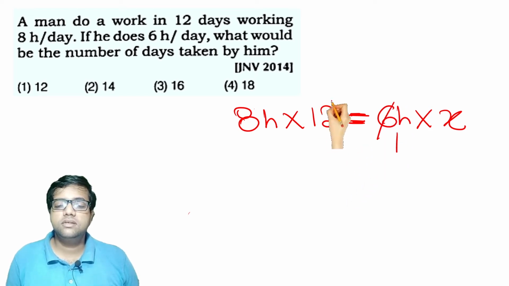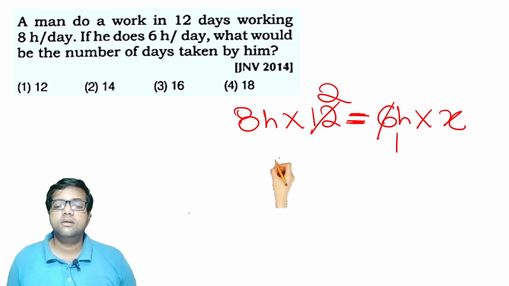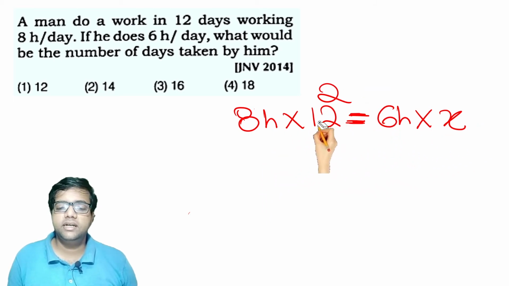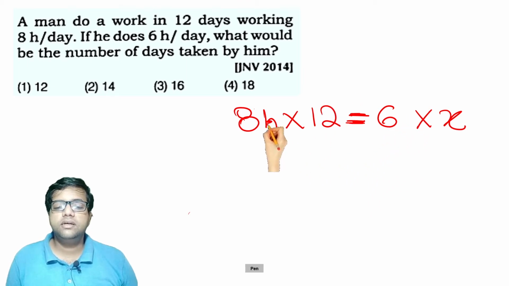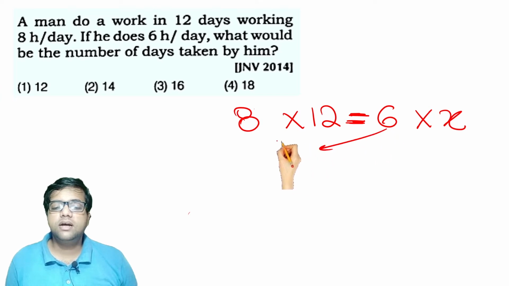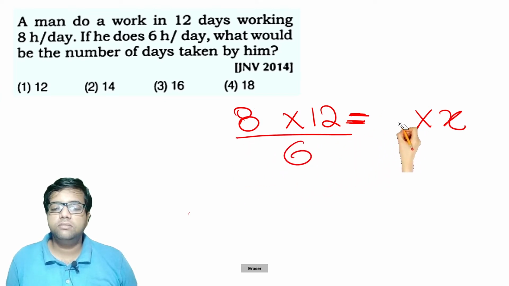6 1s are 6. 6 2s are 12, right? We can cancel out here because 6 will go down and you will do the same math. Don't worry. So now what happens? These units will not be taken when you are calculating. So 6 will come down, cross multiply. So 6 will come in the bottom denominator.